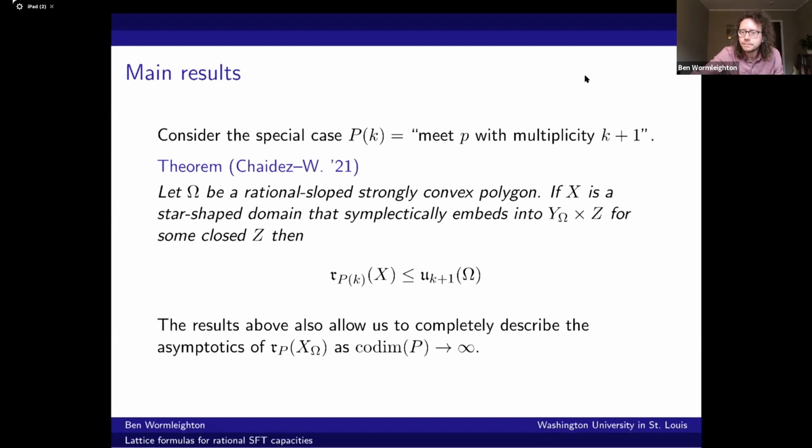Maybe there were some in the literature, but I didn't know any embedding obstructions for stabilized embeddings into toric surfaces. So in particular, we can say some stuff about the Gromov width of Y omega cross C^n or Y omega cross other Z with big Gromov width. Those are the main applications.